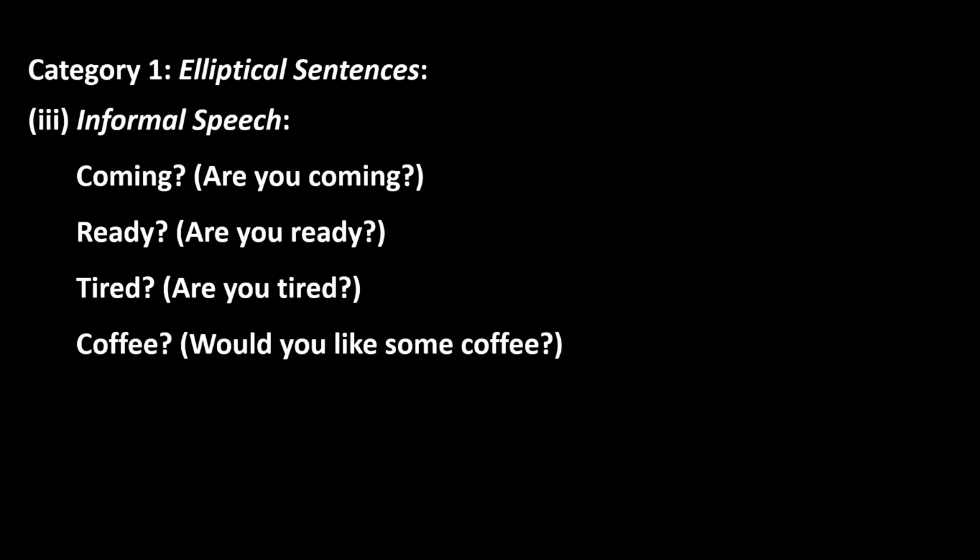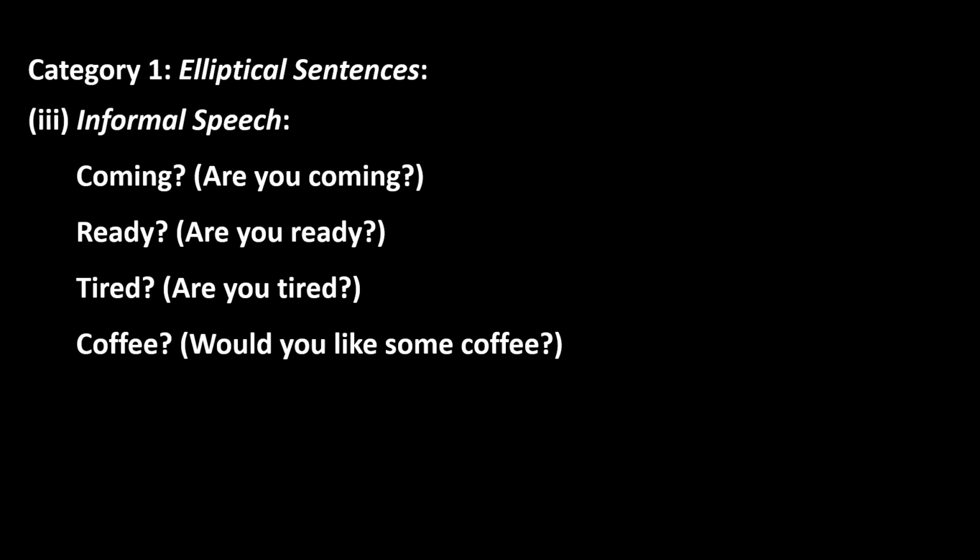Elliptical sentences subtype 3, informal speech. "Coming?" See, you are saying it in a rising tone. That means it is a question. Coming means are you coming? "Ready?" Again, in a rising tone, it's a question. It means are you ready? "Tired?" Are you tired? "Coffee" means would you like some coffee? So these are informal speech.